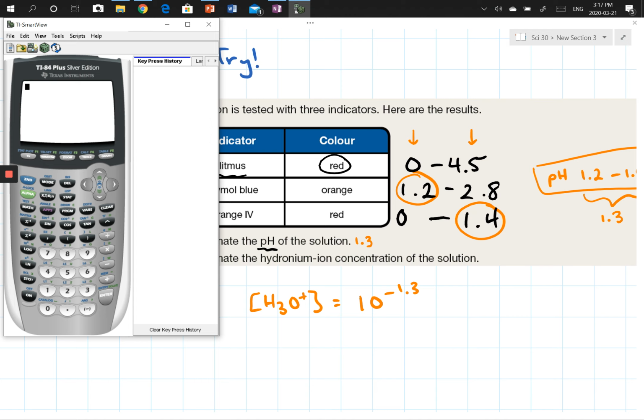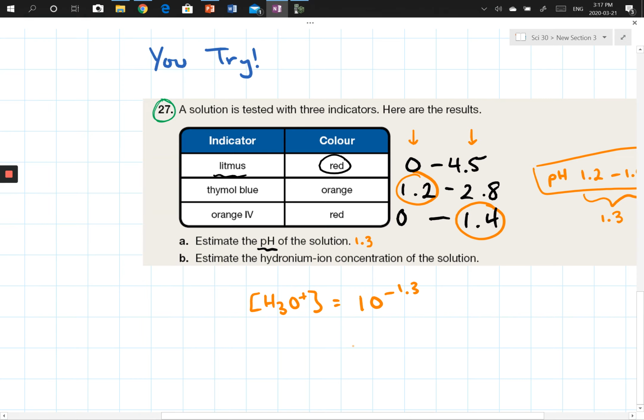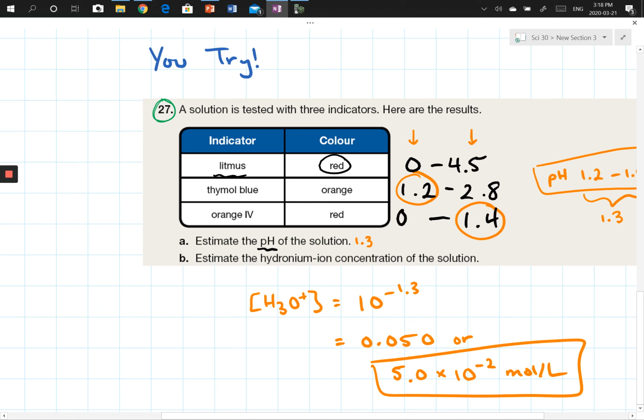I take second function log, 10 to the power of negative 1.3, close my bracket, and I get 0.050. Or I could say 5.0 times 10 to the negative 2 moles per liter.